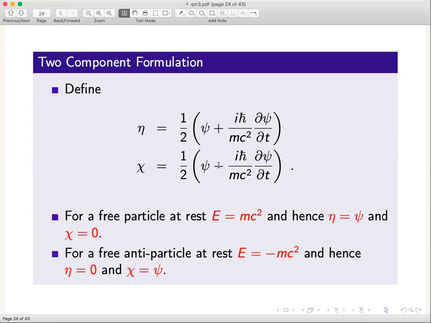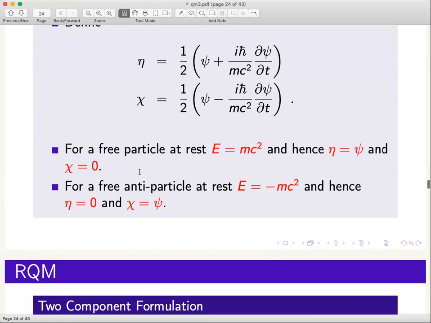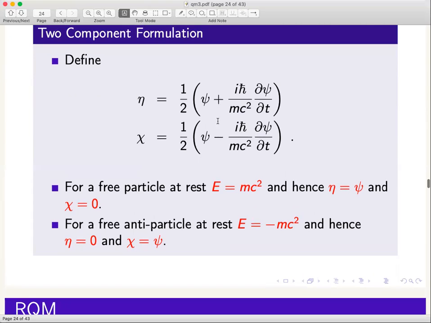So the choice of these two variables is based on the fact that when you are at rest, only one of the components is non-zero, the other component is just 0. Fine. So what we'll do is rewrite the Klein-Gordon equation in terms of eta and chi.